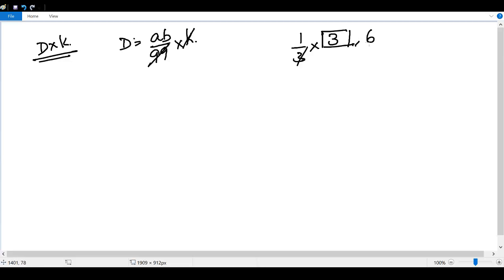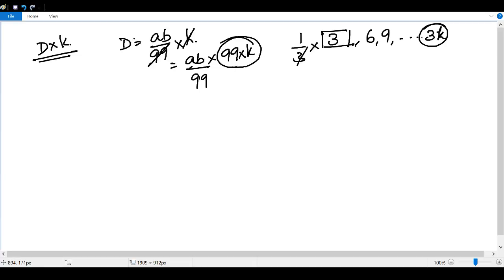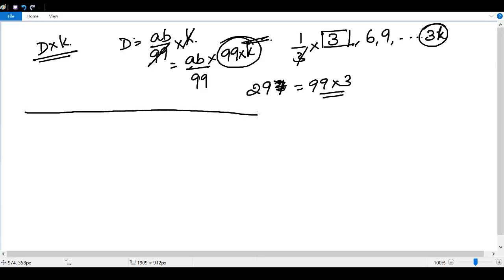It can be 6, it can be 9, or it can be any multiple of 3. Similarly, 99 can cancel not because k has to be 99, but 99 can cancel when k is a multiple of 99. That's when 99 can cancel. So look at your answer options for a multiple of 99. Now you realize answer option 3 is 297, which is a multiple of 99, and thus that becomes your answer. I hope now you are clear.